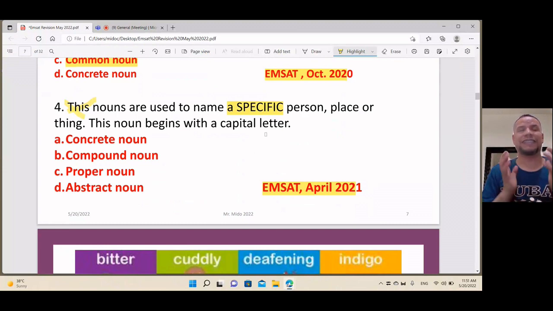So what is the name in grammar for this type of specific information? Is it a concrete noun, compound noun, proper noun, abstract noun? It's a proper noun because I mentioned specific information in a capitalized shape. So this is a proper noun, like Ali, Sarah, Al Ain city, and so on.